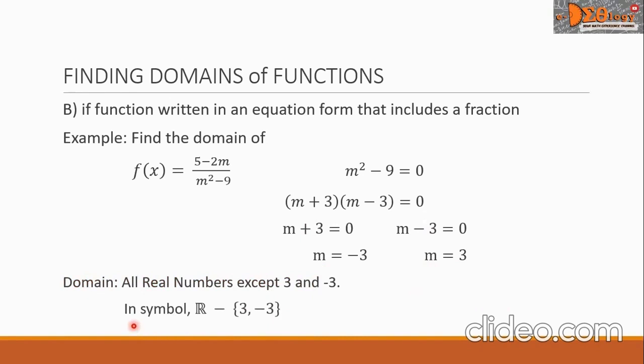In symbol, we can write like this: R to represent all real numbers, then minus the values 3, comma, negative 3 inside brackets. This is our final answer.